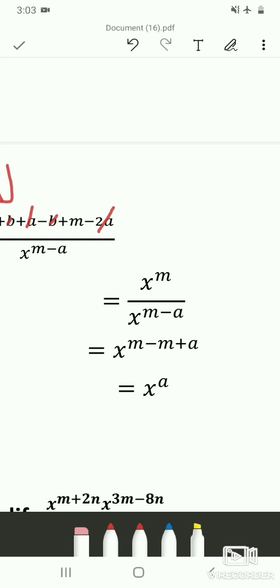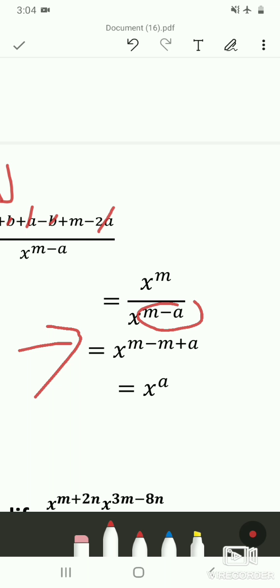Here x is the base, so you can write it as a raised to m upon a raised to n, second law of laws of indices. So by using the second law we'll get it as x raised to m minus of this power, so minus of minus a will become plus a. So again this m and this m will get cancelled, so we'll get the answer as x raised to a.